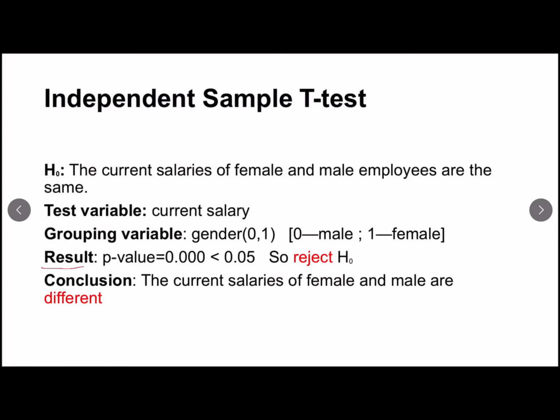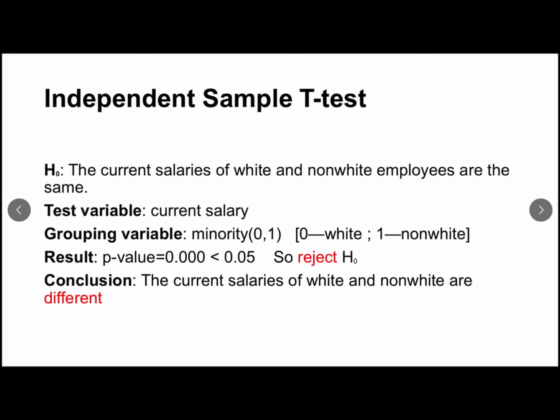The result is that the p-value is 0, which is less than 0.05. So we reject H0, and we conclude that the current salaries of male and females are different. We did the same procedure, and we found that the current salaries of the white and non-white are different.